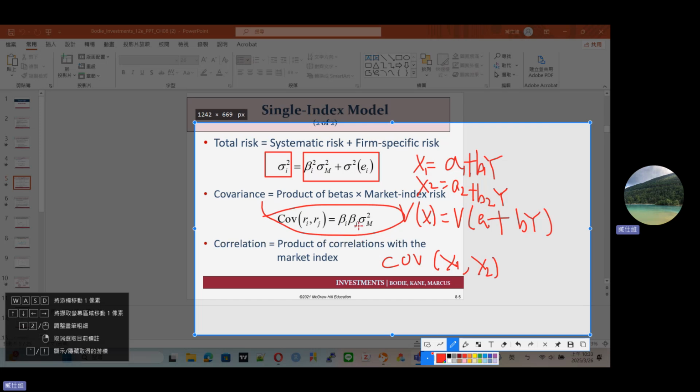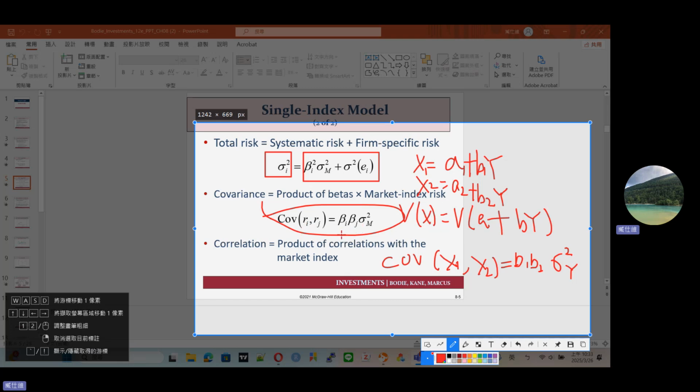The final result will be b1 times b2 times the variance of y. So this is why we get this formula.